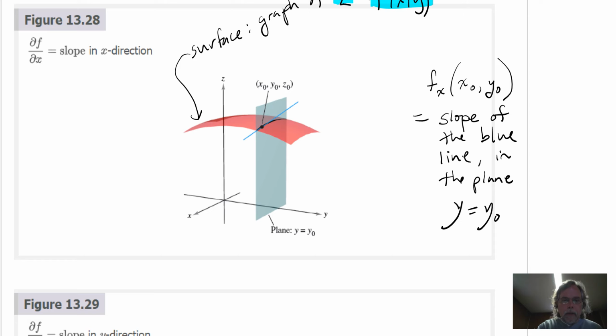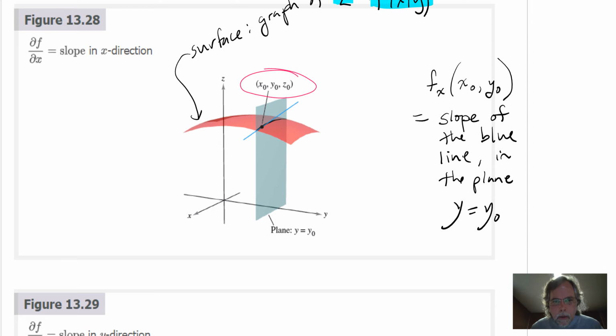So for every pair of numbers x, y, if f of x, y is some formula, you plug in x and y, you get a z value, and they are what's plotted to create that surface, this orangish, reddish colored surface. Now, we are also thinking about a fixed point here, a point we are given, x0, y0, z0, specific numbers.